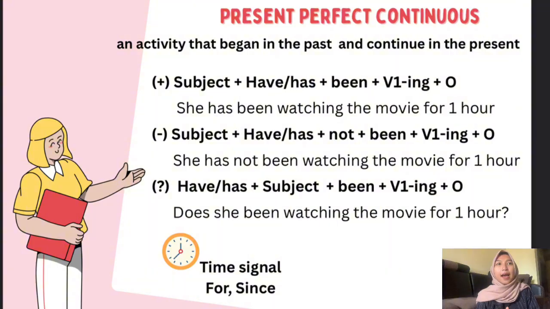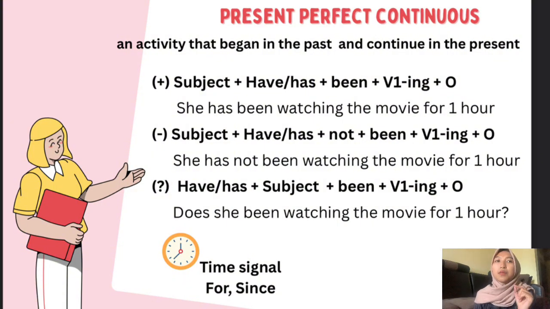For the formula, in the perfect continuous we use verb ing and been: has been, have been. The formula is subject plus have or has plus been plus verb ing plus object. For example, she has been watching the movie for 1 hour.